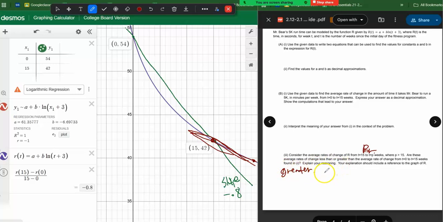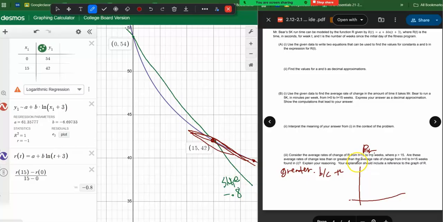Explain your reasoning. Because I don't want to write it, so you listen. Because our graph is concave up. So the average rate of change slope from 0 to 15 will be more negative than the average rate of change from 15 to p, where p is greater than 15. And to make your answer stronger, I highly recommend you graph it.